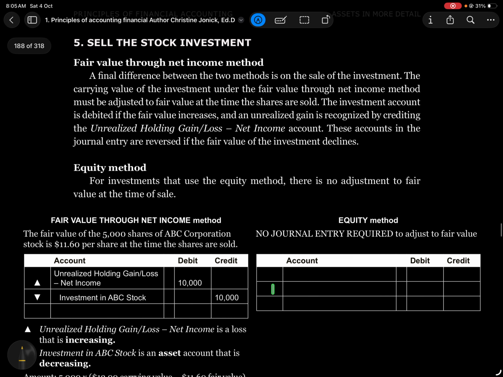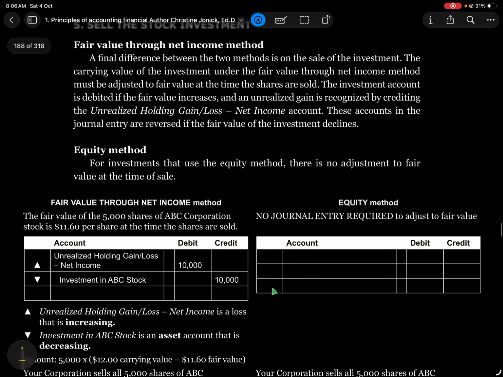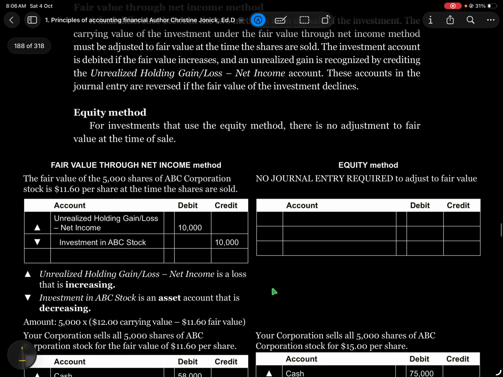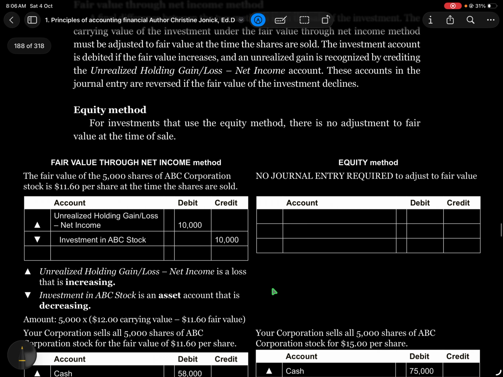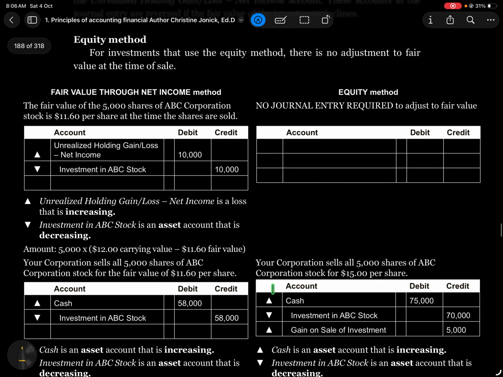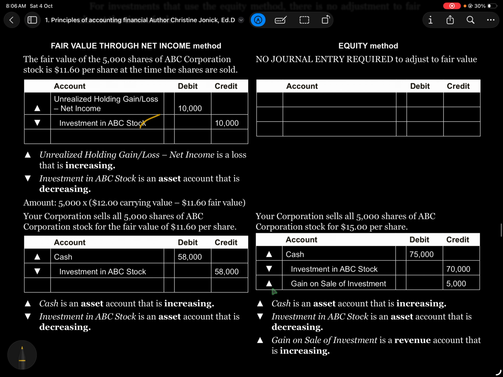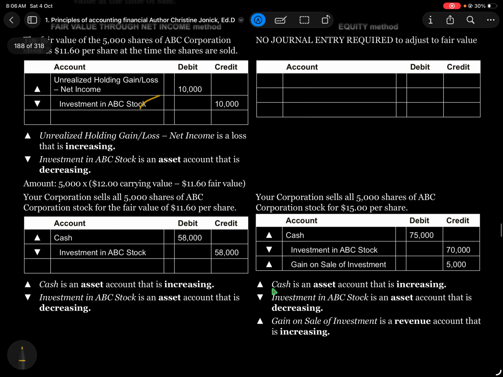Whenever we sell anything, first of all we get rid of the unrealized side of things as well. We will need to empty out this account too.